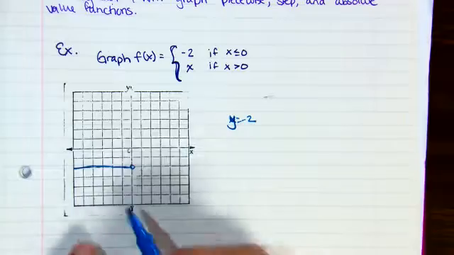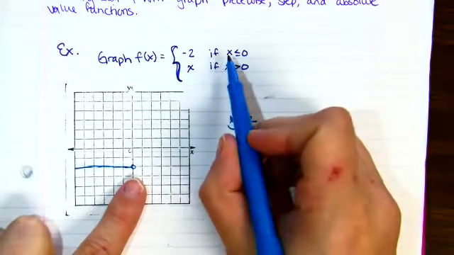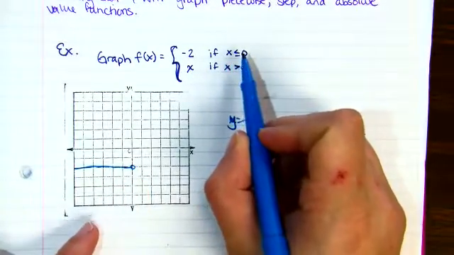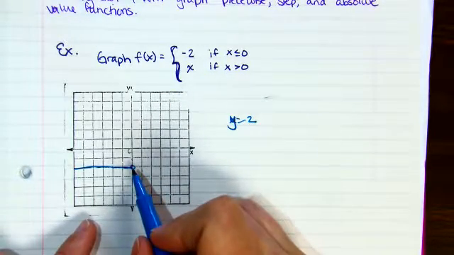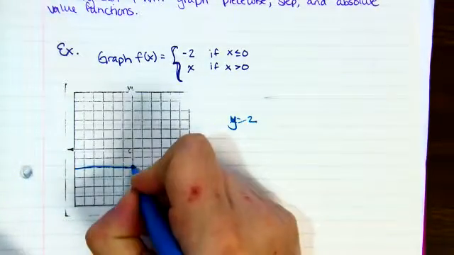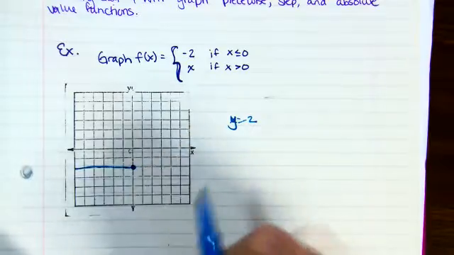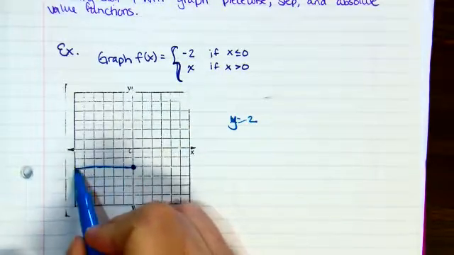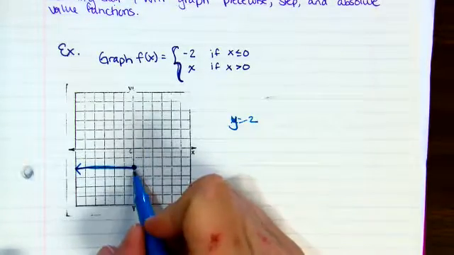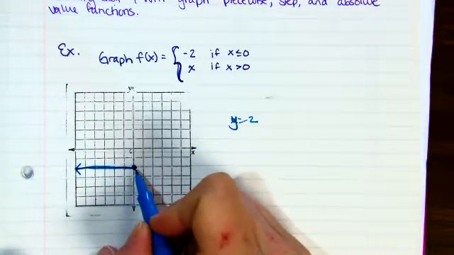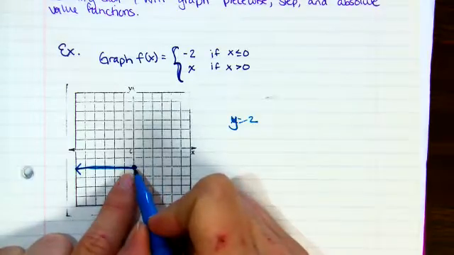And then I need to look back up at my equation, and I see when x is less than or equal to 0, my output is -2. So this needs to be a filled in circle at -2. And then it's going to extend forever in that direction. I'm not going to draw an arrow on this end because this is where my graph stops and I have a new piece.